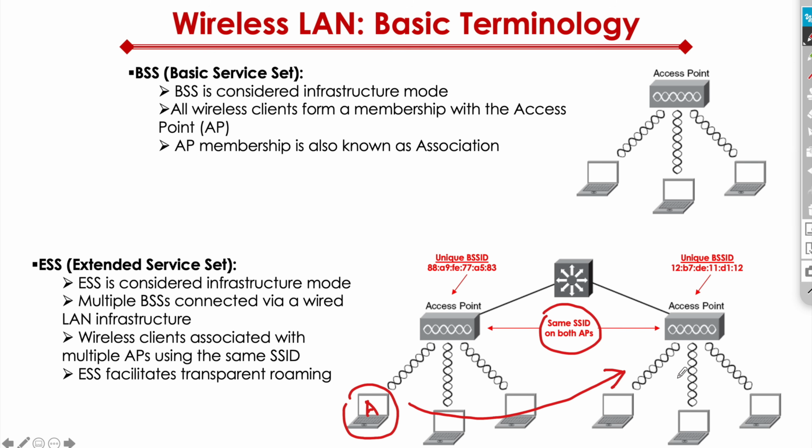Here you are only seeing 2 access points, but in a real world environment, in a large enterprise, you may have a ton of access points on a particular floor, for example. And as a user, as you walk around the floor, you don't even notice a blip. But in the background, you're experiencing transparent roaming that is facilitated by ESS, or Extended Service Set.